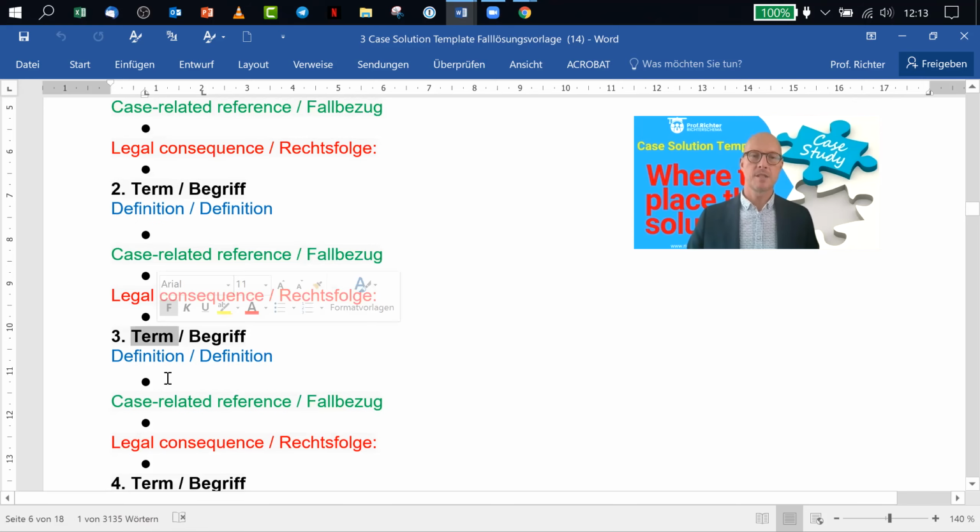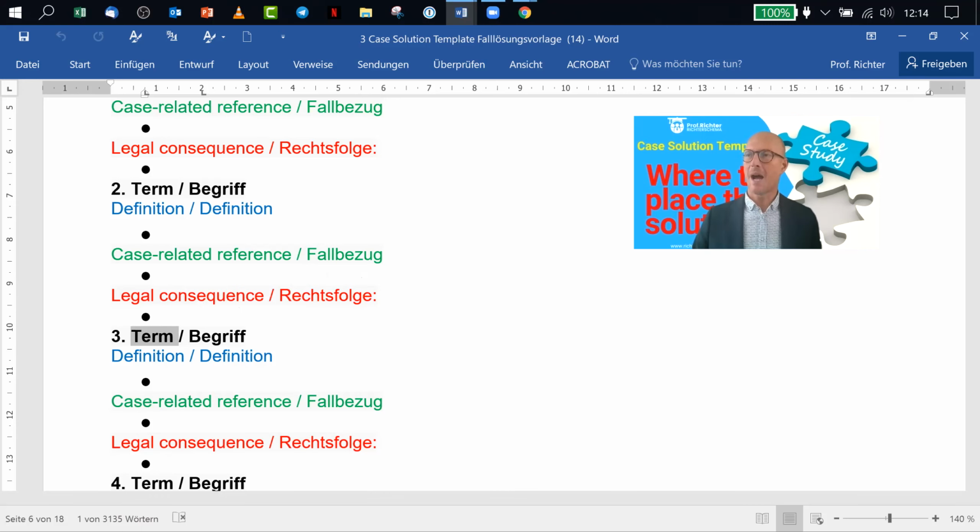Okay, and the next term is then which kind of contract do we have? Okay, we have a contract about buying, right, and so on. So this is very important, that they always have a cliffhanger. This leads you from one term to the next one, right?